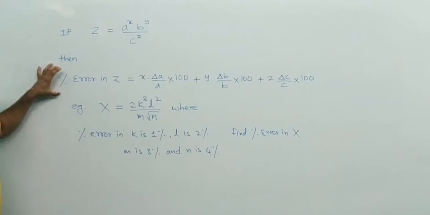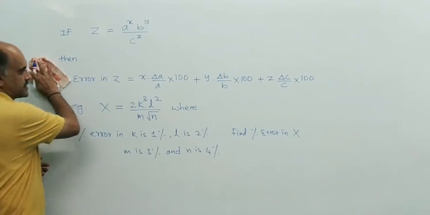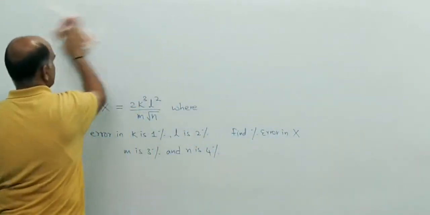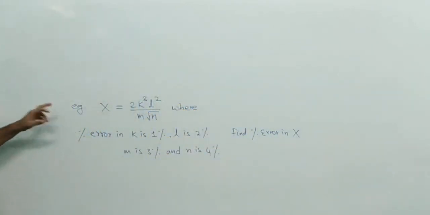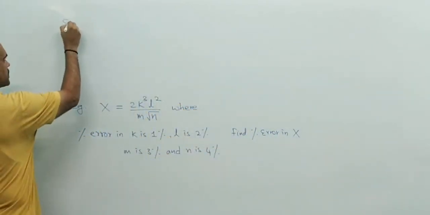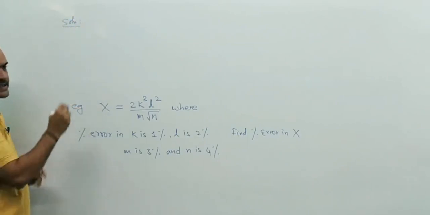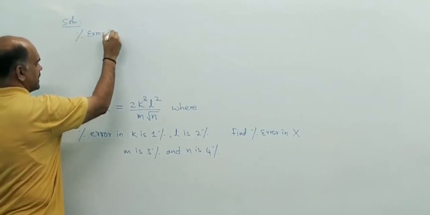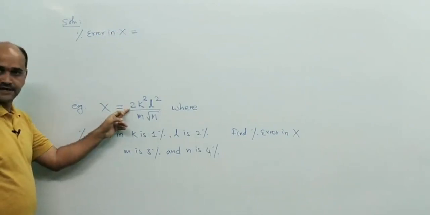So here the formula will be applied to this. See here students, in just 2 steps you will have the answer. So if I write the solution, percentage error in X is equal to. The constant you leave.